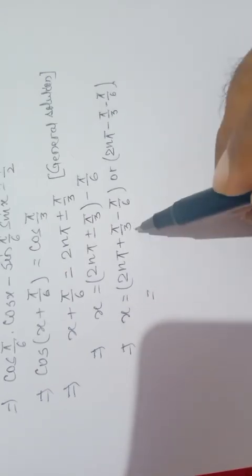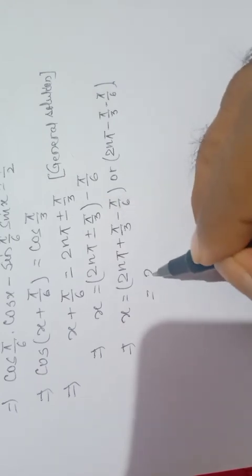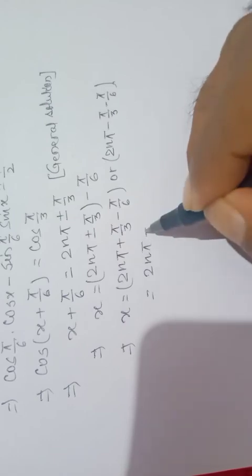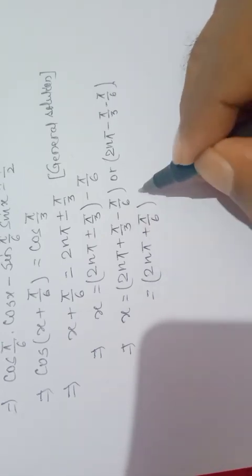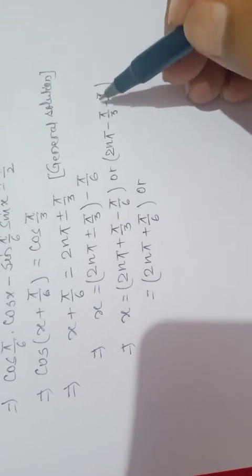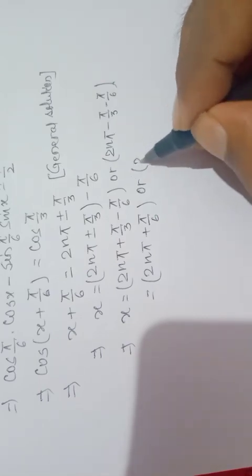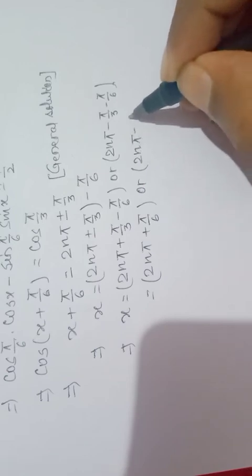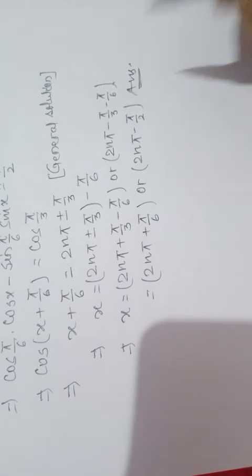Simplify them. 2 pi minus pi, that should be pi by 6, so 2n pi plus pi by 6 after taking LCM, or 2n pi, with 6 as the LCM, minus 2 minus 1 is minus 3 by 6, that is minus 1 by 2. So 2n pi minus pi by 2. These are your general solutions, that is, the values of x.